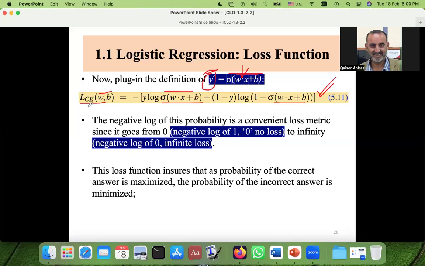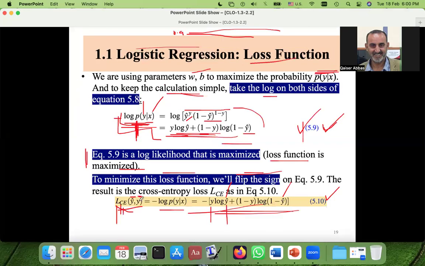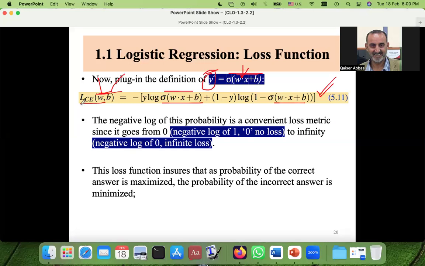We will calculate the loss with respect to weights. W is weight, b is bias, and C is cross entropy. Because we used this term in the previous step, we are continuing that term here with the weights. We removed the term y cap from here, so now we have this equation in the form of weights.